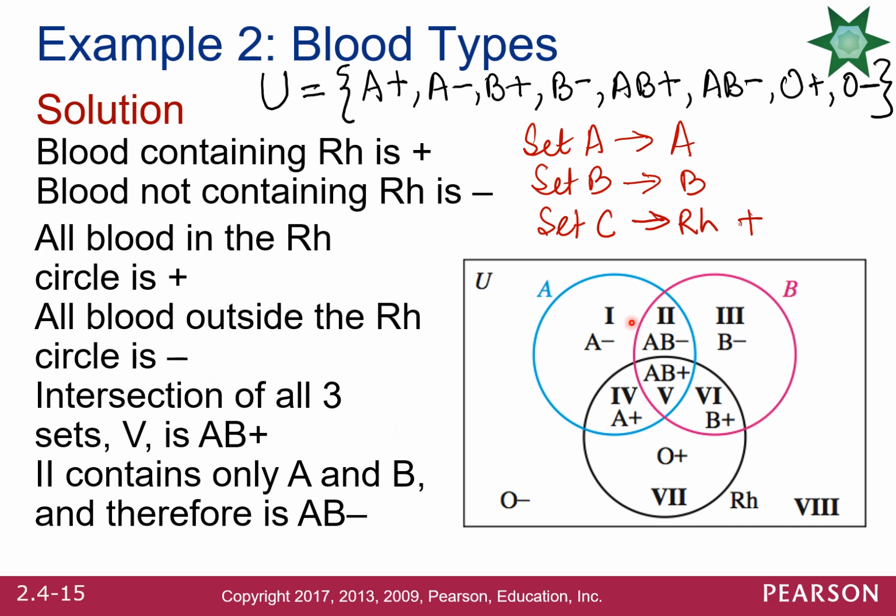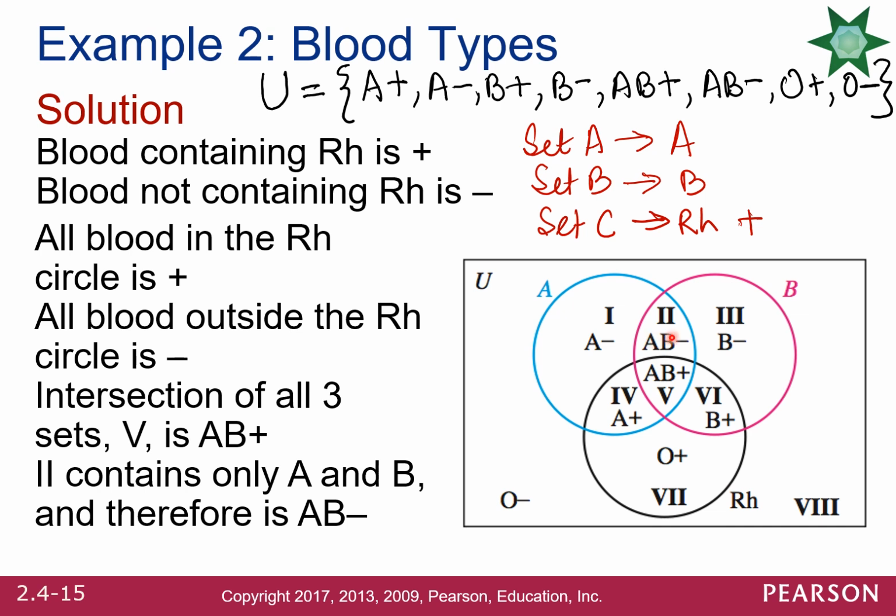So let's look at what elements they have placed in which region. Region 1 has A minus. Then region 2 has AB minus, right? It's the intersection between just A and B. So it'll take the A, it'll take the B, and it is outside of the Rh circle.